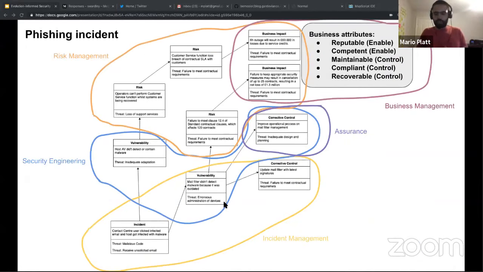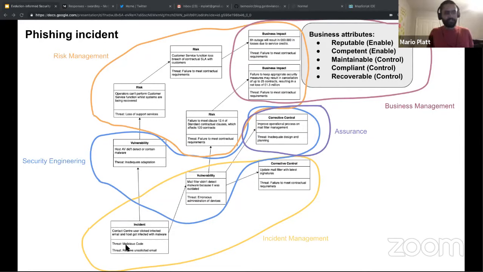So let me show you an example of what I mean. For instance, let's imagine this scenario where we had a phishing incident. Here on the bottom, you will see that we had an incident, and that a contact center user clicked an infected email, and so his machine was infected with malware. If we go back to the ENISA threat taxonomy, which is the European agency, I quite like it.